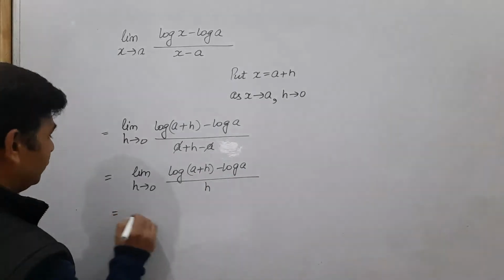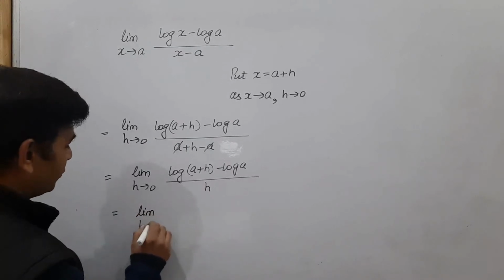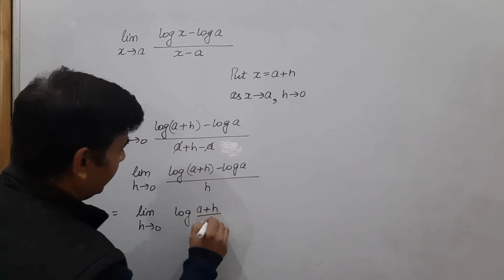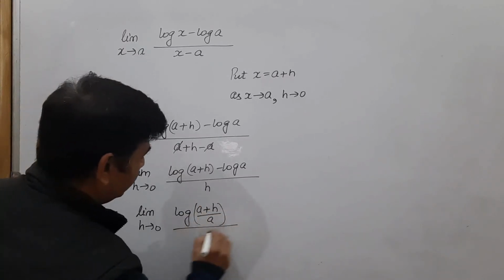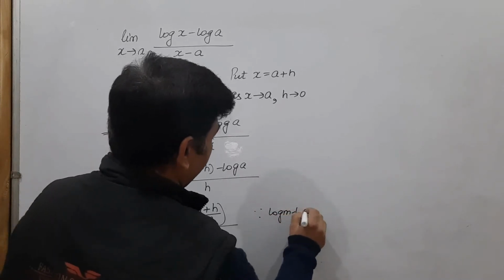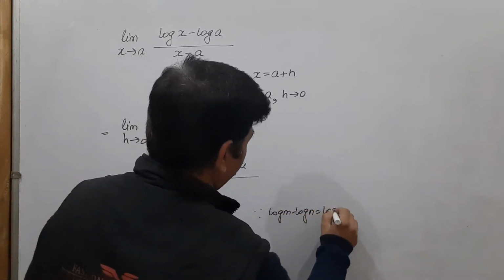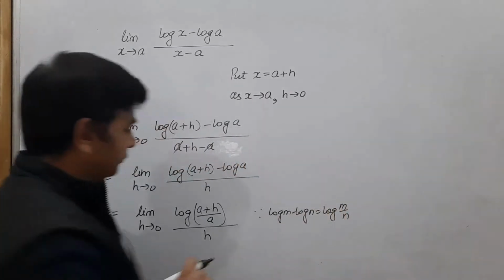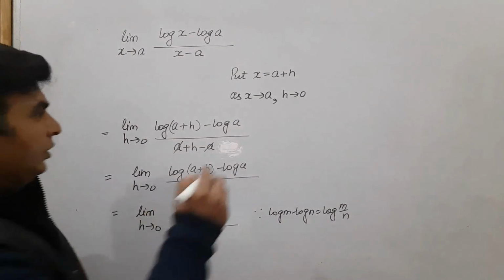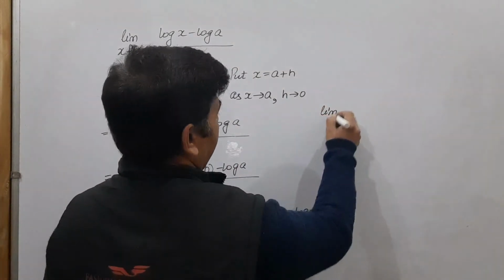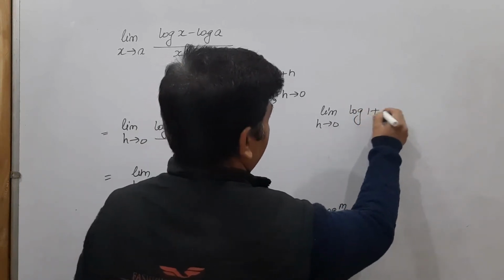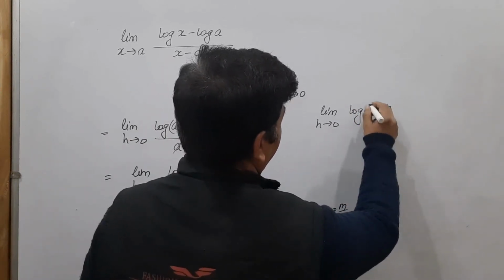So this is equal to limit h approaches to 0 log of a plus h upon a upon h, because log m minus log n can be written as log of m upon n. I use this property of logarithm function here. So this can further be written as limit h tends to 0 log of 1 plus h upon a divided by h.